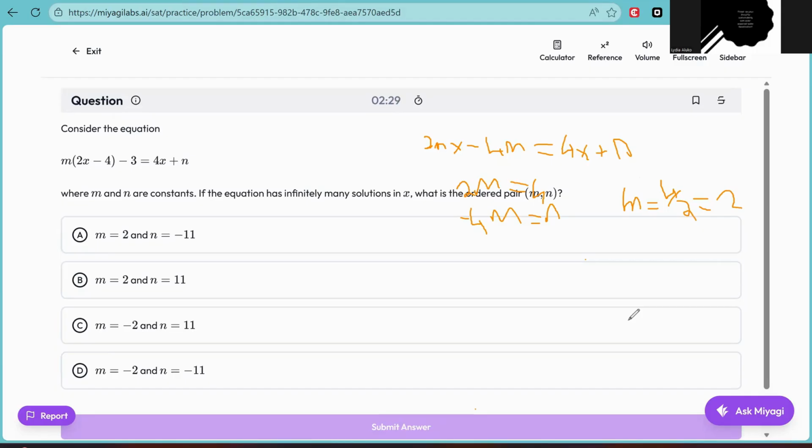I think I'm doing this wrong, actually. Let me see. Yeah, that gives us 4 divided by 2 equals m.